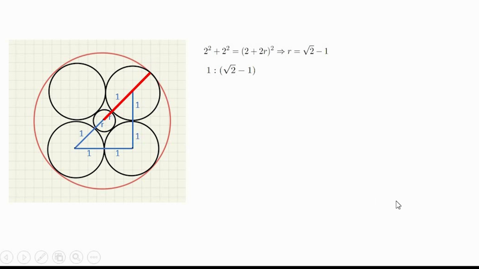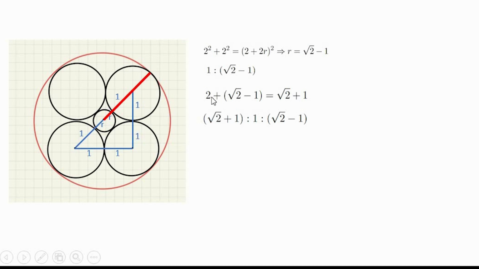So we can write that as 2 plus square root of 2 minus 1. This is the big R, and that is equal to square root of 2 plus 1. So the ratio between all three circles is therefore square root of 2 plus 1 compared to 1 compared to square root of 2 minus 1.